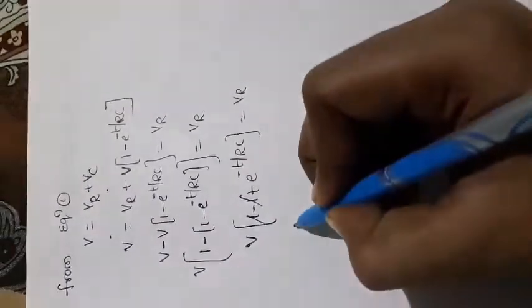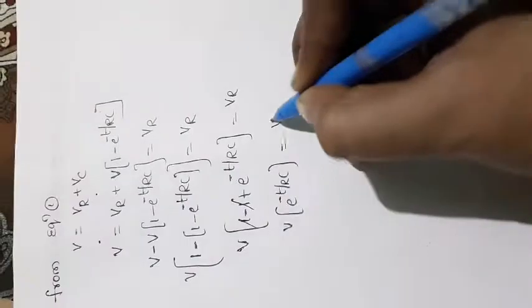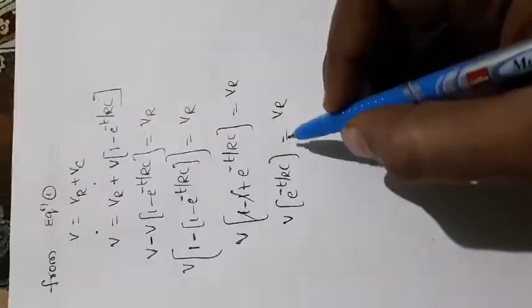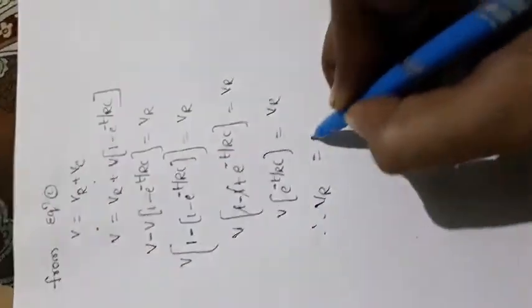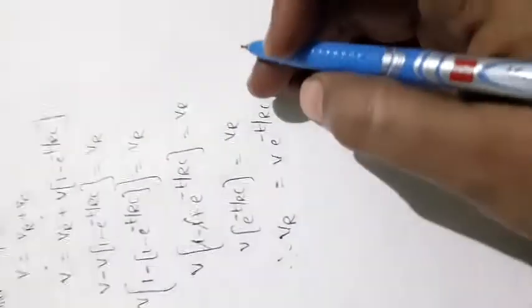So plus 1 minus 1 cancel. So V into e power minus t by RC is equal to VR. So from this we are getting the VR value, that is nothing but VR is equal to V into e power minus t by RC. Just remember this value.